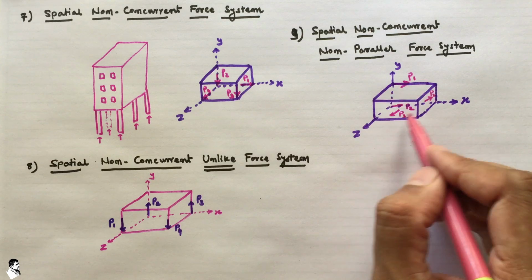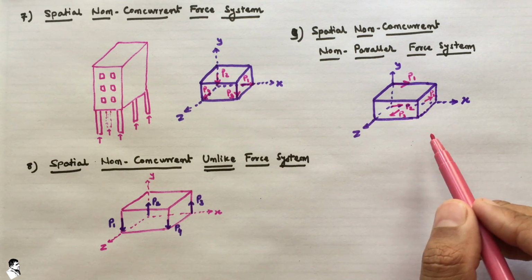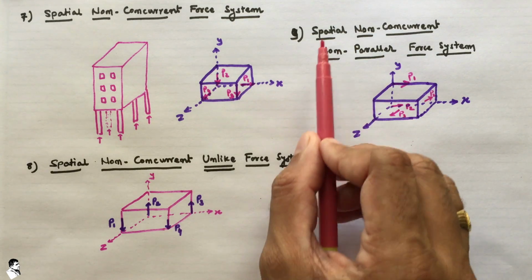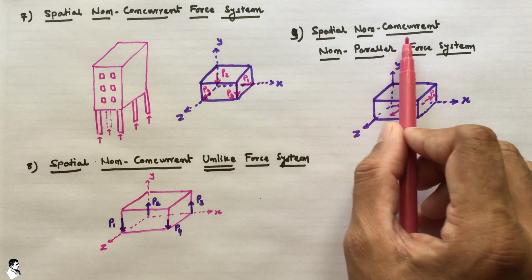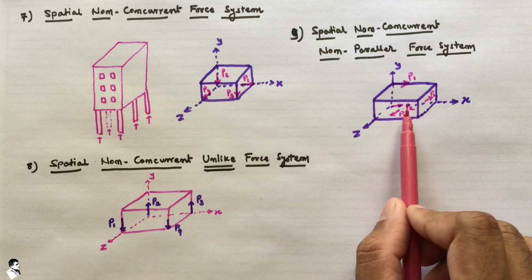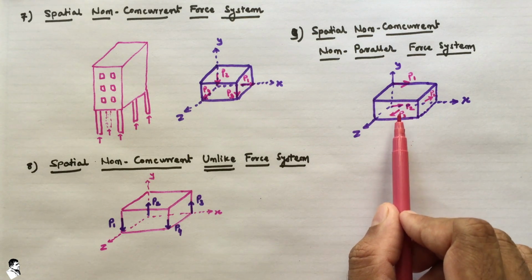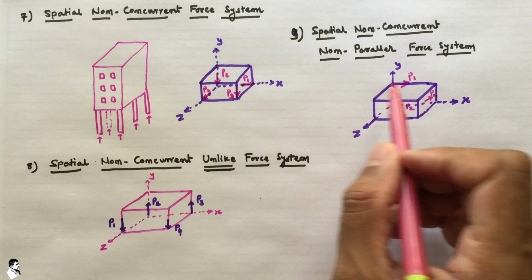So random organization of the forces, not maintaining the same direction, also not available in a same plane. So spatial, that means in different planes. Non-concurrent, so they are not meeting at a same point because direction is different, not maintaining the similar distance between them, and also available in a different plane.